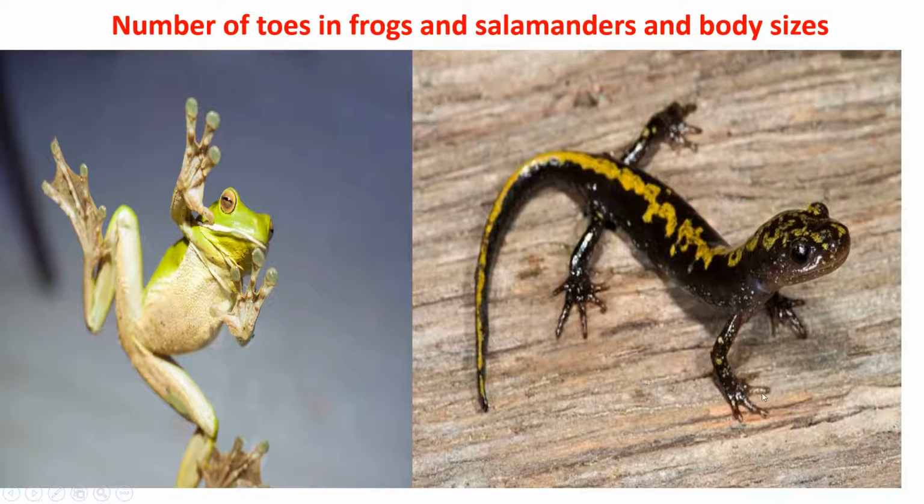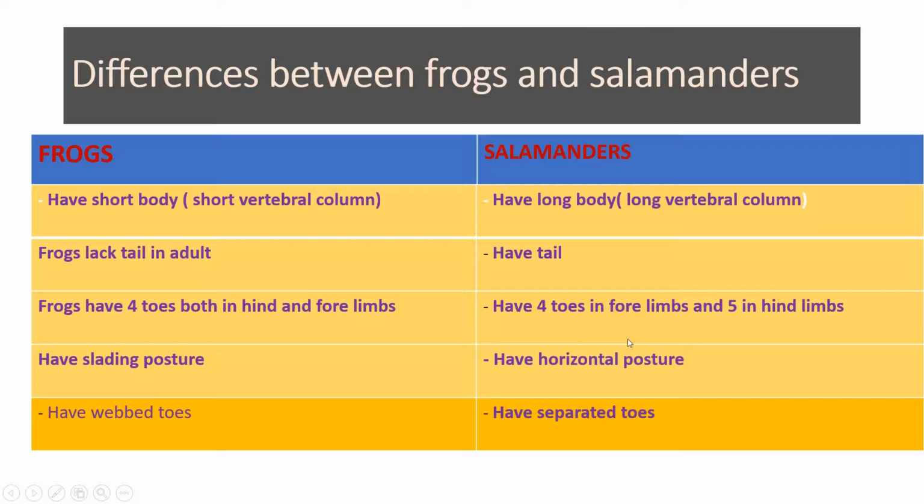Then when you look at the forelimbs, they have 4 toes. 1, 2, 3, 4. And the frog also has 1, 2, 3, and 4. So meaning that the frog, both the hind limbs and the forelimbs have the same number of toes. But for salamander, the ones at the back, the hind limbs, they have 5 toes and the forelimbs have 4 toes.